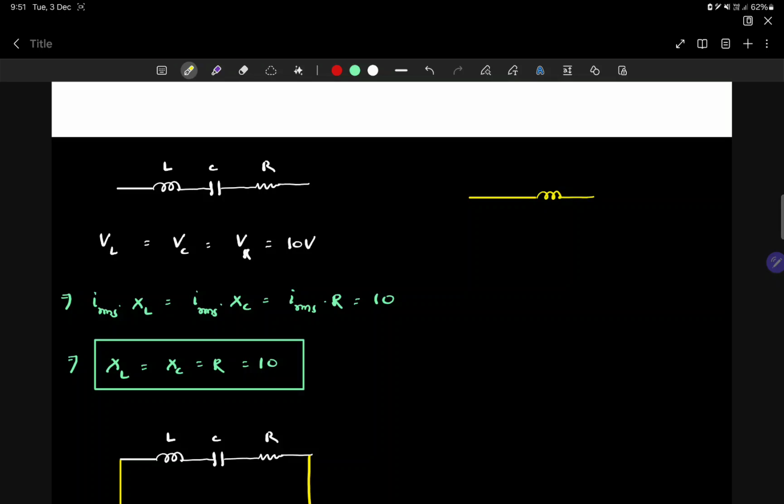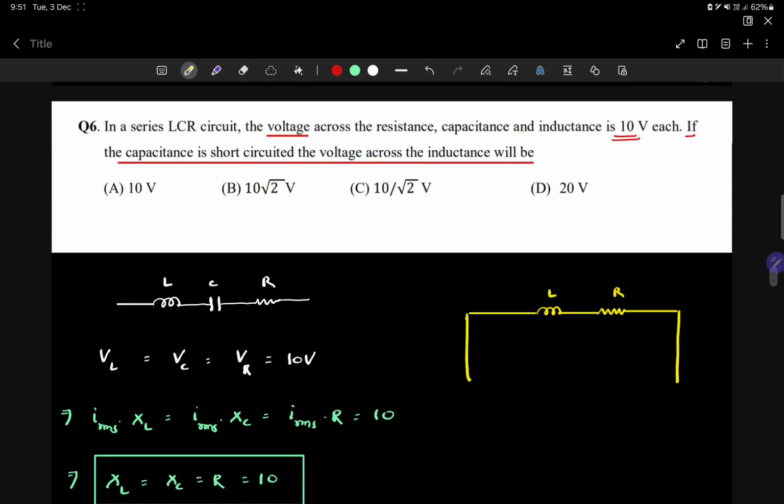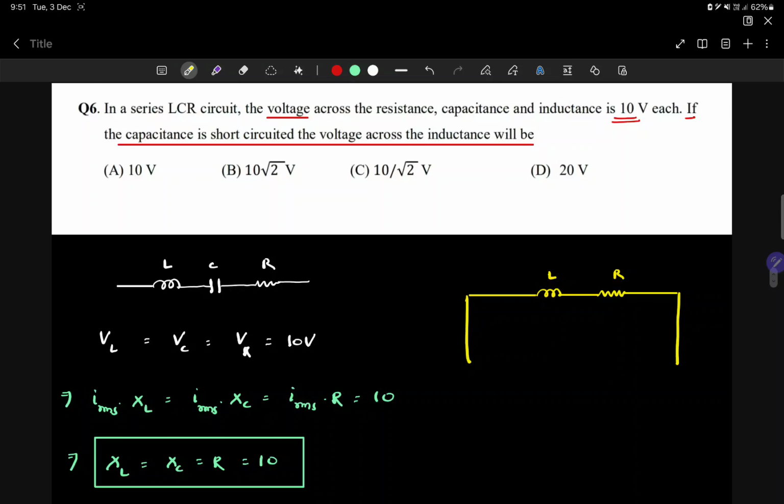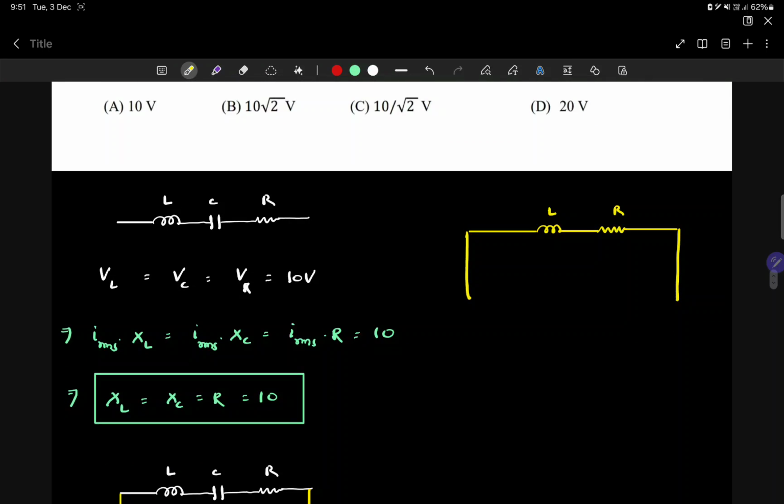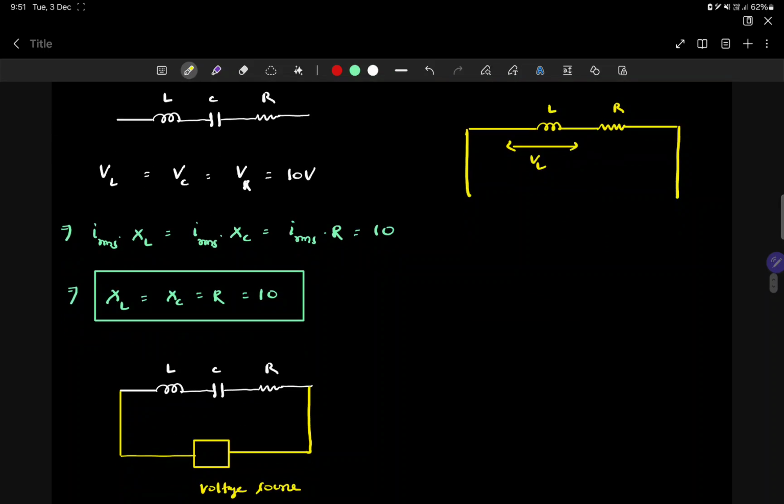So the rest is your inductor, and another one is resistor, inductor having inductance L, resistance R. Then it is asking what is the voltage across the inductance. So voltage across the inductance will be VL.